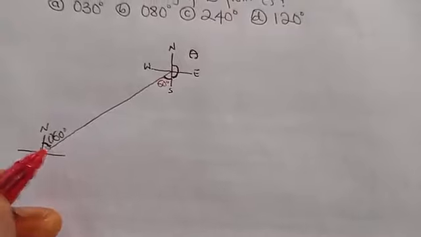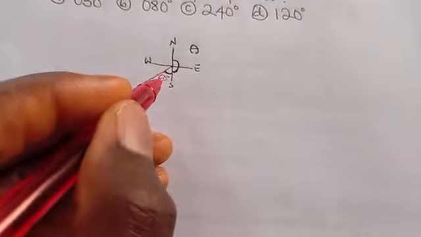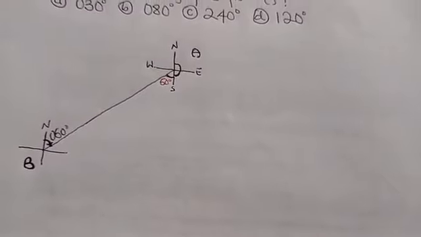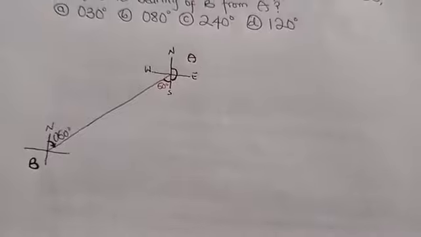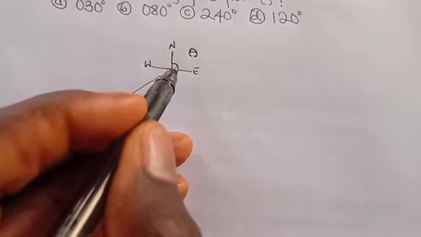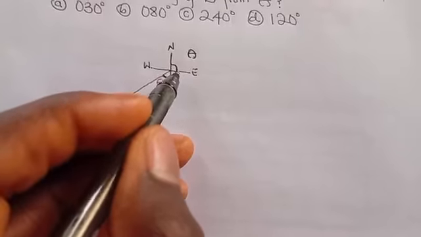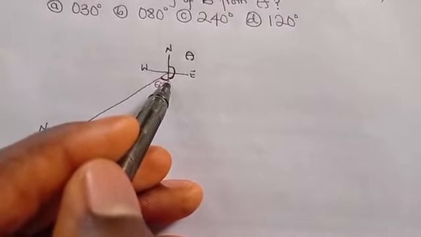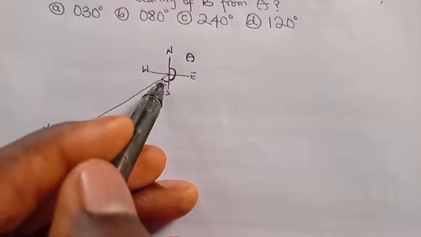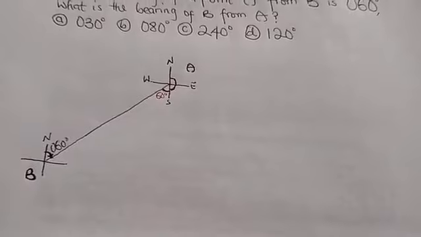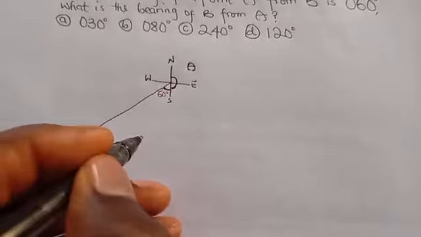This angle you have here is equal to the angle you have over there. So because of that, you are going to add 90 degrees, which is the angle from north to east, plus 90, which is east to south. That's 180, plus this 60. That gives you 240 degrees.